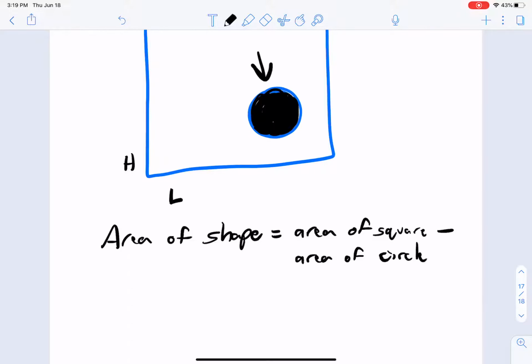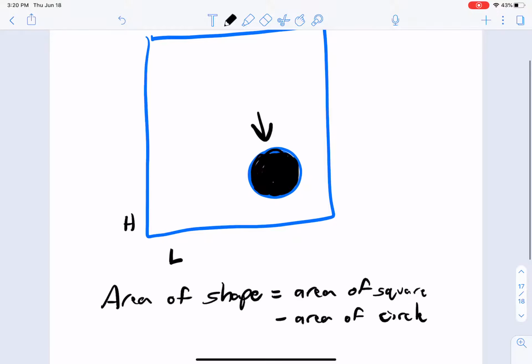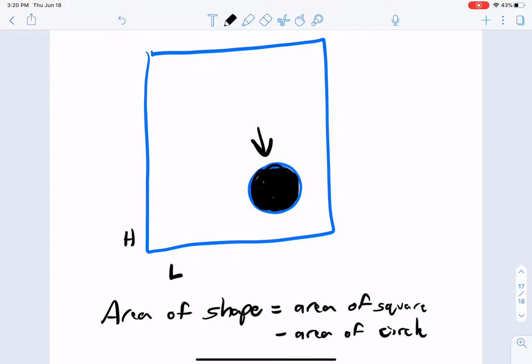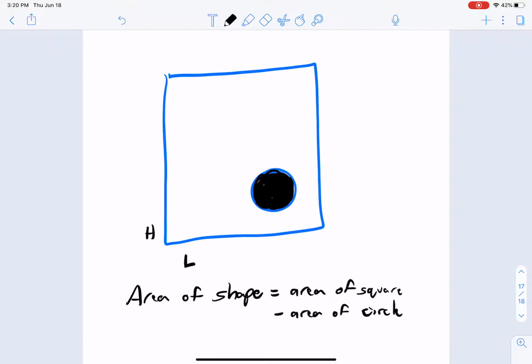That's easy enough, right? If I wanted to find the area of this shape, I just need to find the area of the circle and subtract it from the area of the square. And that would be the whole area of this new shape, effectively a square with a hole cut out. So that idea, you're probably wondering, well, what the heck?